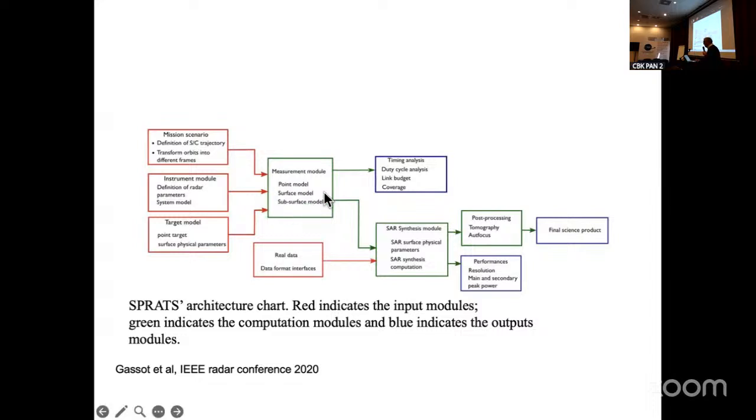Then we do all calculations, and we calculate the signal coming from the surface. And now we even calculate the signal coming from the subsurface, but this is more complicated. And then we compare this calculation with measurements and interpret the data.